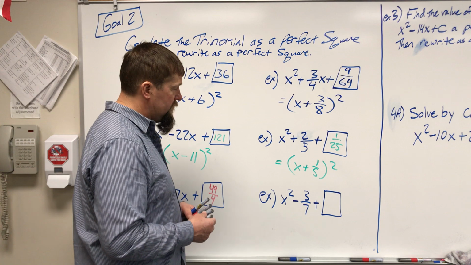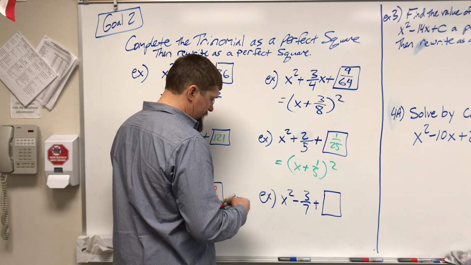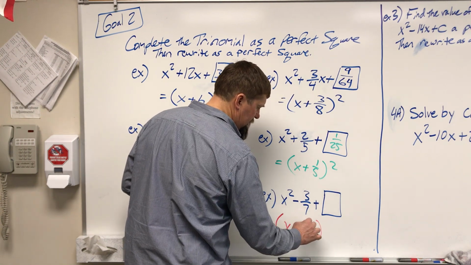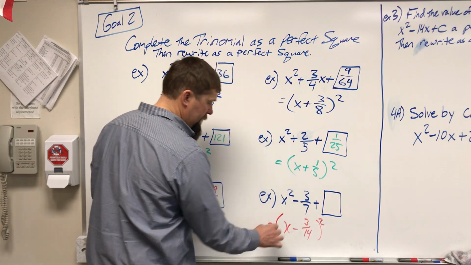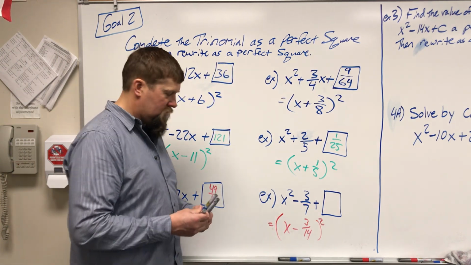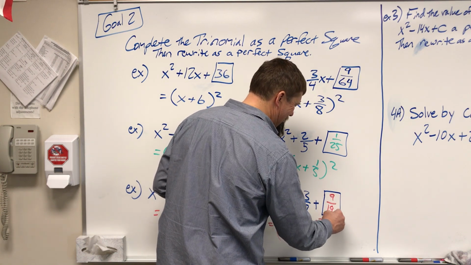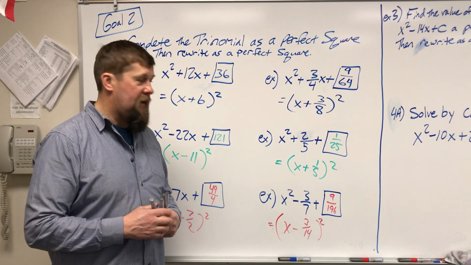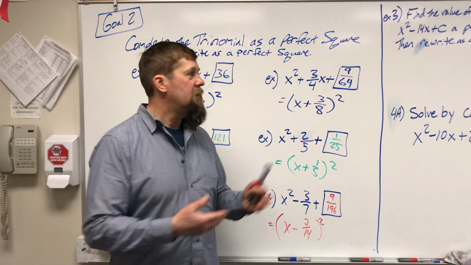So what we're going to do is we're going to just double the denominator to get half. Okay, so we get x minus 3/14 squared. When I square 3/14, I get positive 9 over 196. And that's how you complete the square. Okay, so let's use that to solve.